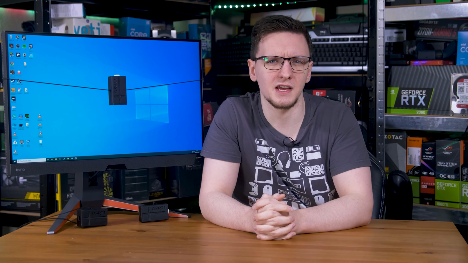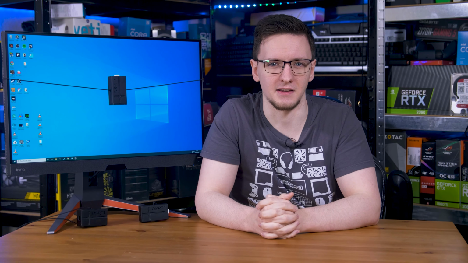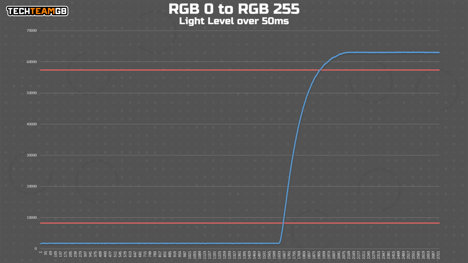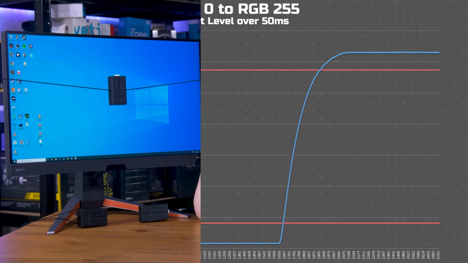The VESA standard, the traditional standard, says 10 to 90%, which puts the bounds here on that graph. That gives us the benefit of both being really easily able to ignore the noise, as well as snipping off the slow, somewhat imperceptible part of the transition that isn't overly useful to include from a buyer's perspective.